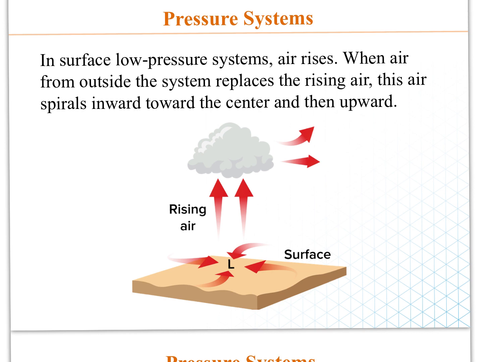All right, area of low pressure, winds are moving inward, curving to the right, creating counterclockwise rotation, the air is rising up. All right, so here, just to bring it back, we just said we have lick, L-I-C. And if it helps you to remember, you put like a little C for counterclockwise.